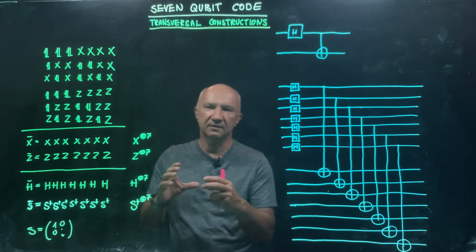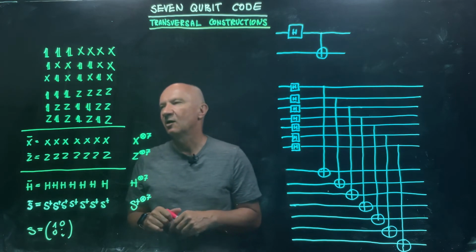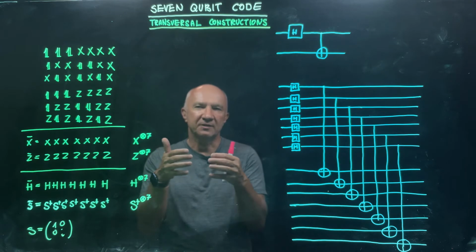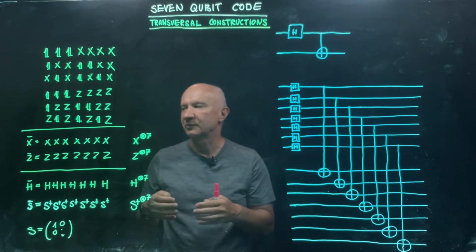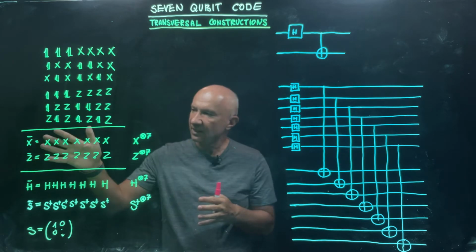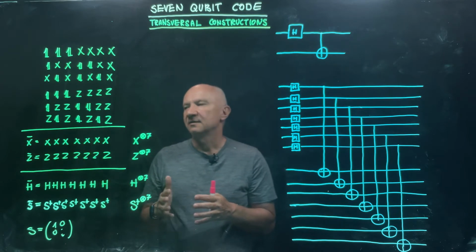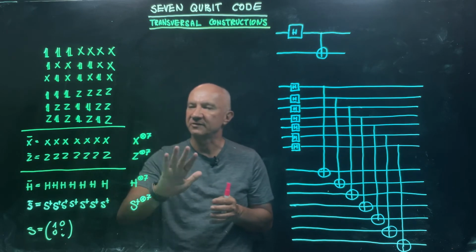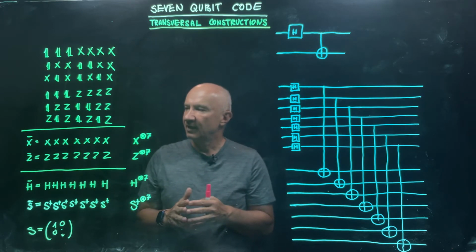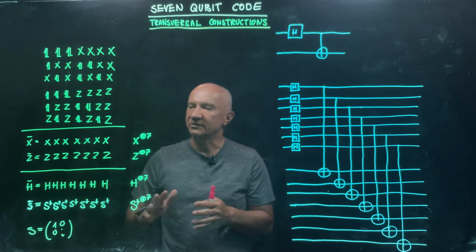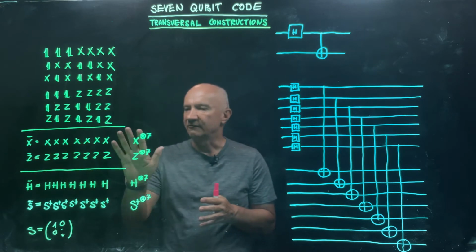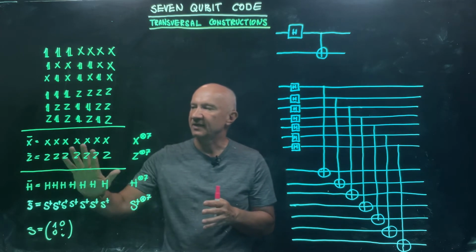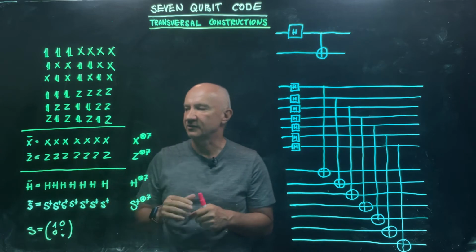So you look at first all possible operators that commute with the stabilizer, and you know that the normalizer in the Pauli group will give you the logical X and logical Z. So the logical X in this particular case has a nice form. It's just an n-fold tensor product of X's on each qubit, and the logical Z likewise is an n-fold tensor product of Z's. So we have 7 X's and 7 Z's for logical X and logical Z.